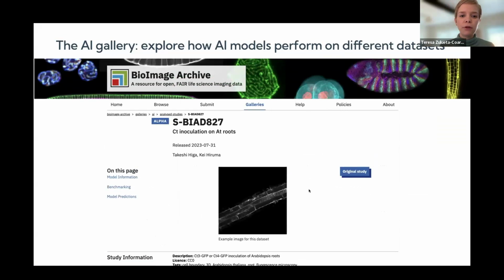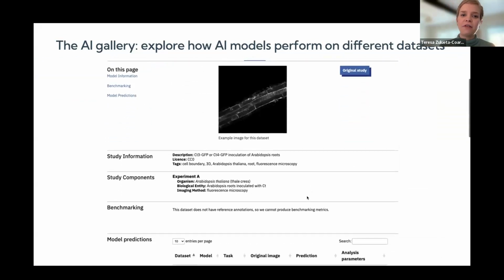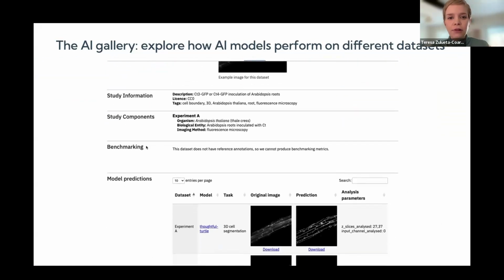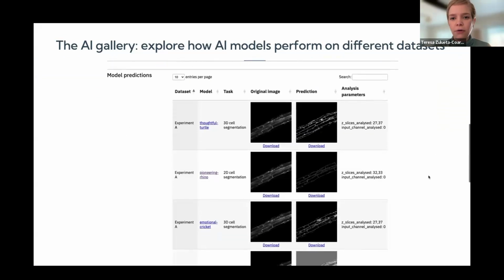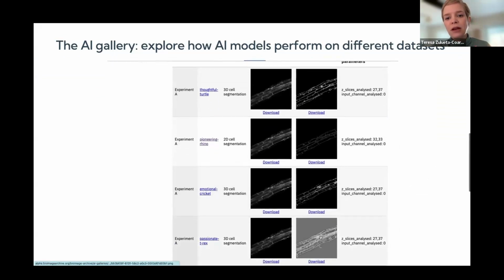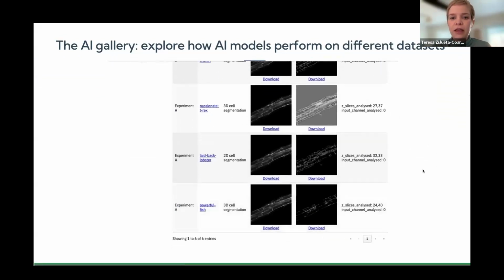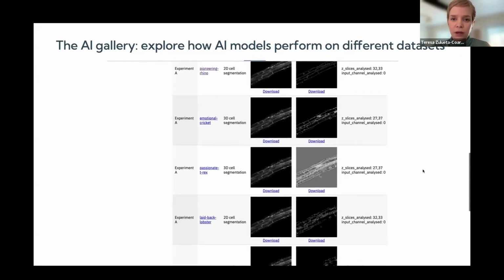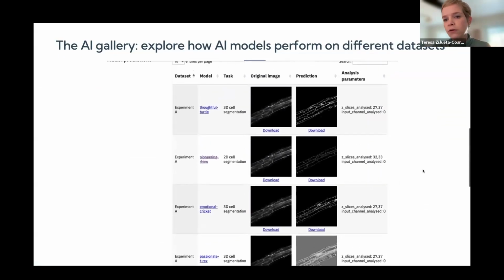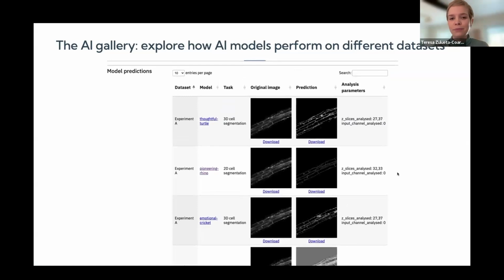So we also deploy the models on data sets that didn't have ground truth annotations. For example, this one. In this case, we don't have benchmarking information because there are no ground truth annotations, but you can look at how different models perform for this specific image. And if you have an image similar to this one, you will be able to choose which model was better, at least to your eyes.